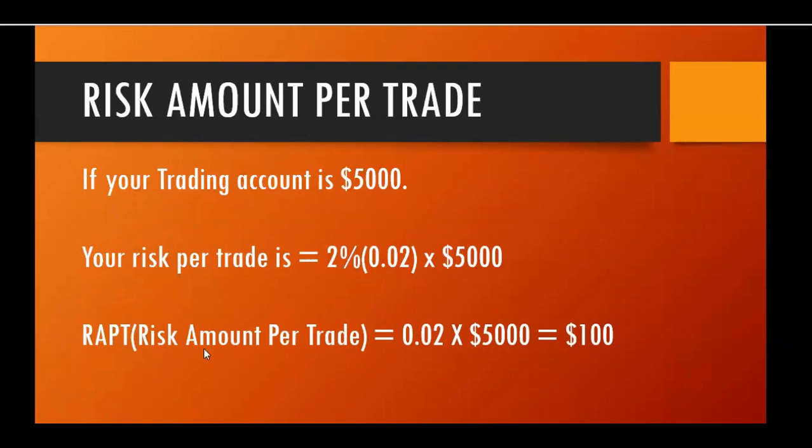So your risk amount per trade will then be $100. That means at this time you are risking $100 out of the amount you have in your trading account. So it simply means as a trader, when you want to open a new trade, you are risking $100.